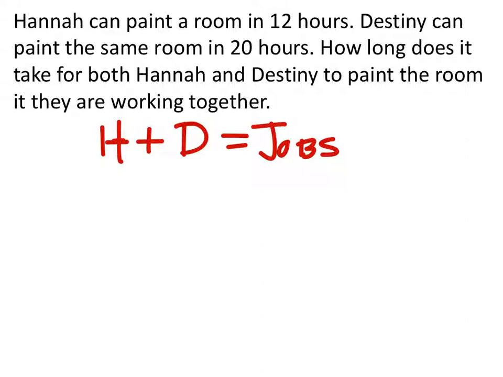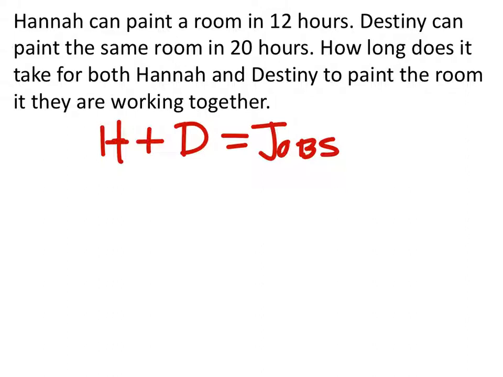But I want to compare them using the same number of hours. So it's kind of like common denominator stuff, which you'll see with the equation. So right here I'm looking at 12 and 20, and I'm thinking 60, just right off the top of my head.